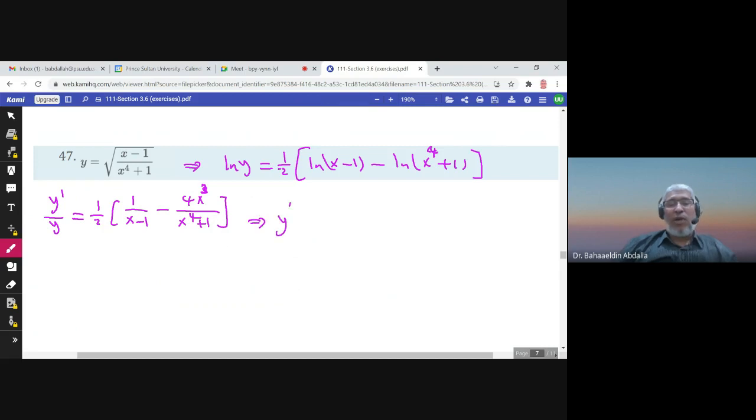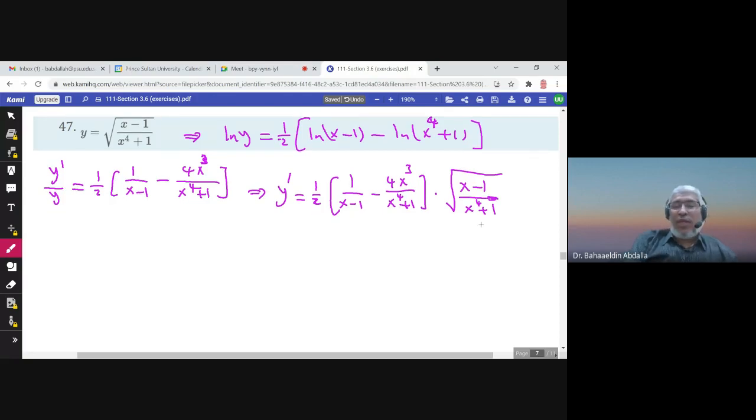So y prime would be this one times y, which is the square root of (x minus 1) over (x to the power 4 plus 1). And that's the derivative.